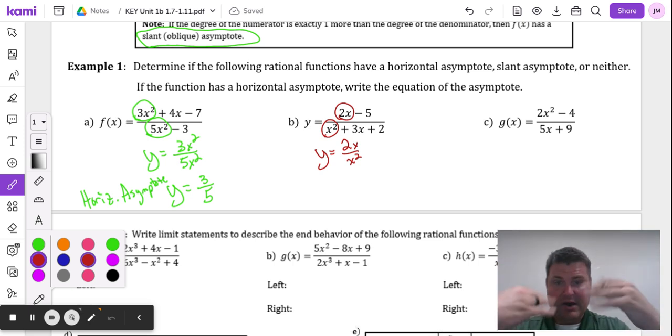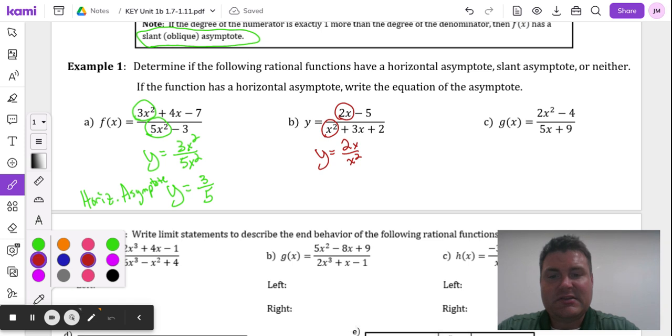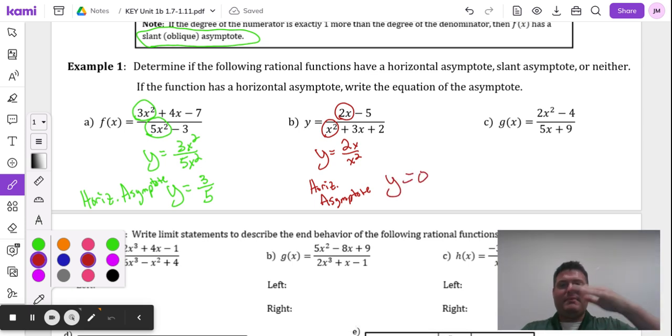The bottom power is larger, which means as the numbers get larger, like if you plug in a 10, you get 20 over 100, which is 1/5. If you plug in 1,000, you get 2,000 over a million, a really, really small number. As we keep going further and further out, it's going to get closer and closer to zero. So it's going to give us a horizontal asymptote at zero, again because the bottom has a bigger power.